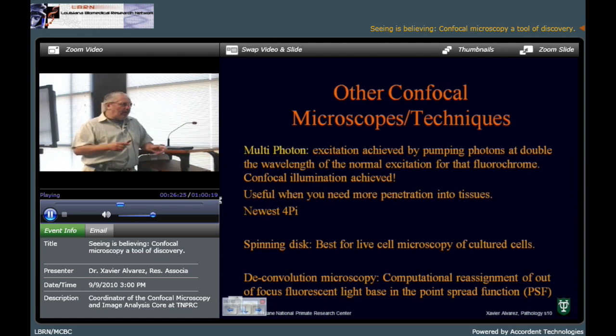And we have this series of deconvolution microscopes, where it's not confocal. What they do is they vibrate either the sample or the lens in order to defocus the subject that you are looking at, and then mathematically you assign all the light to the respective place. They are very good, but it takes a lot of time to get the picture.